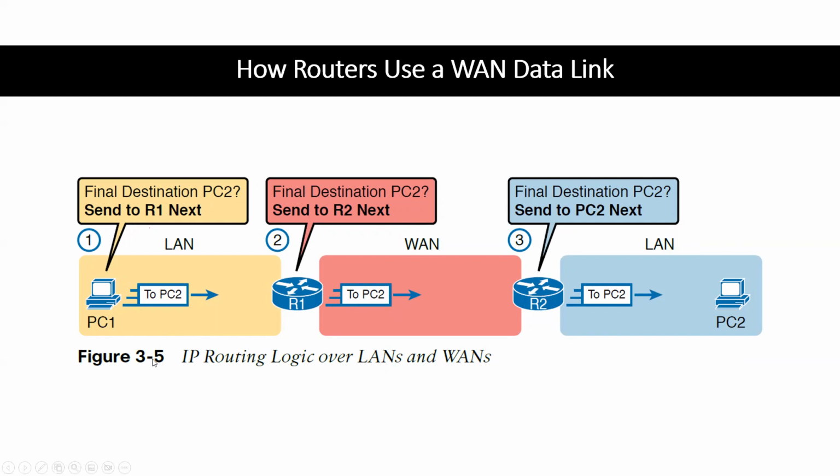So again, PC1 is Mo. Mo wants to get to Netflix, found a destination, PC2. On Mo's PC, he's going to have a default gateway for his router. His PC is going to go ahead and send that to his default router.